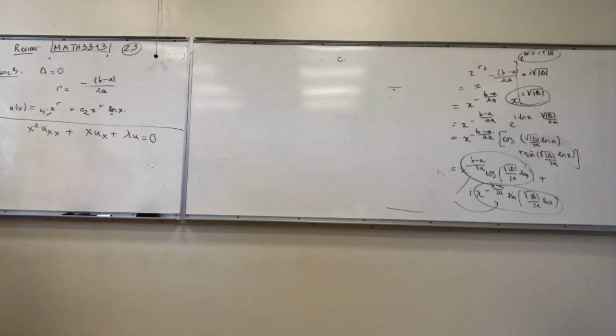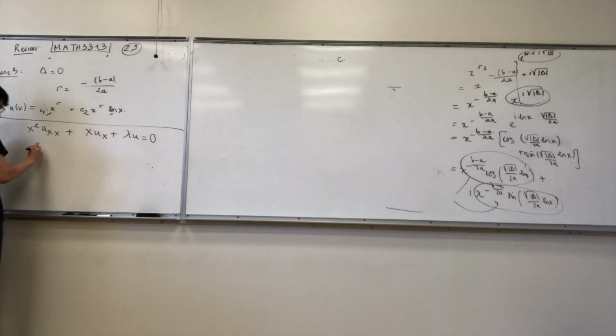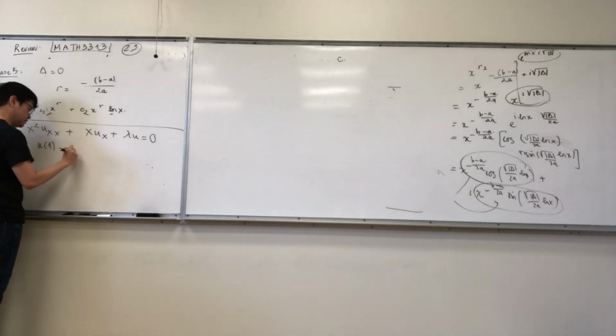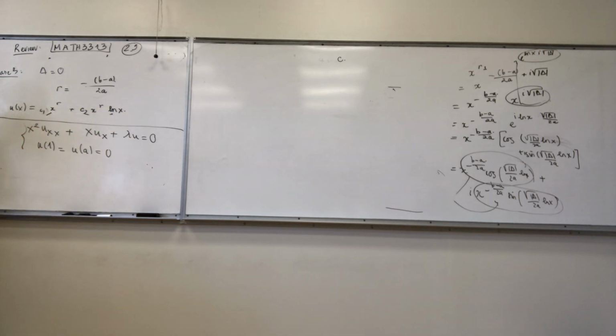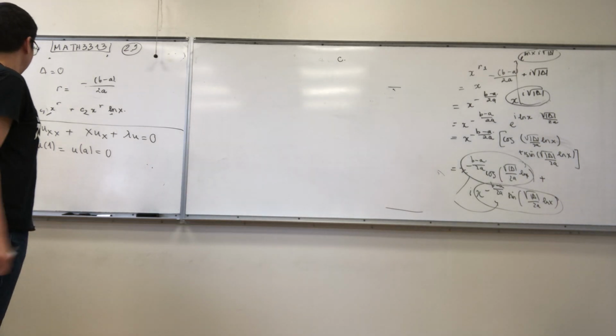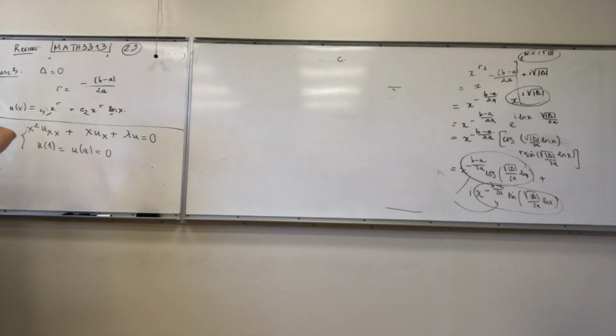Now you have u(1) is 0 and u(a) is also 0. This is the equation that we were trying to solve last time.